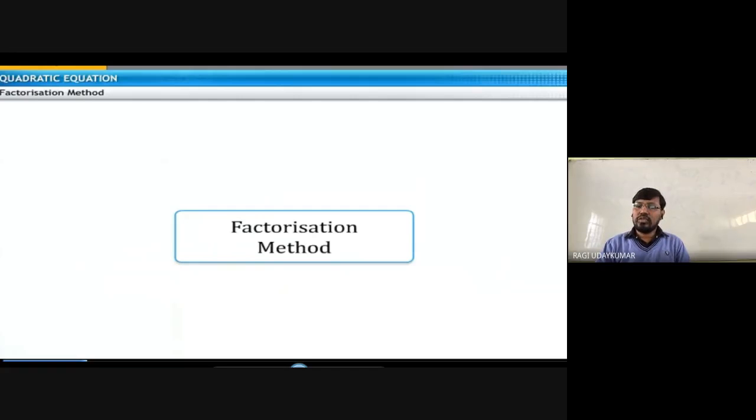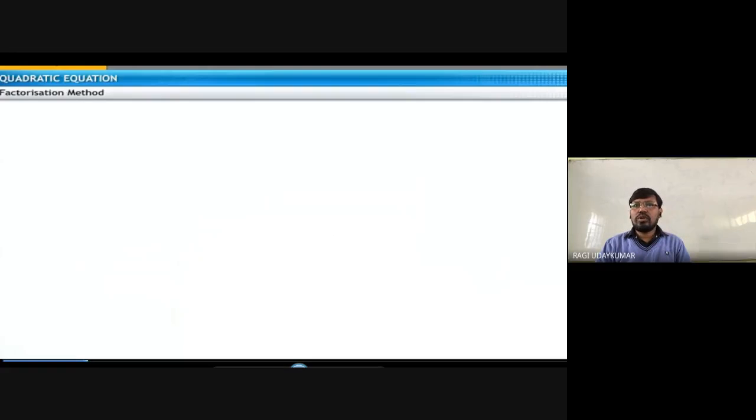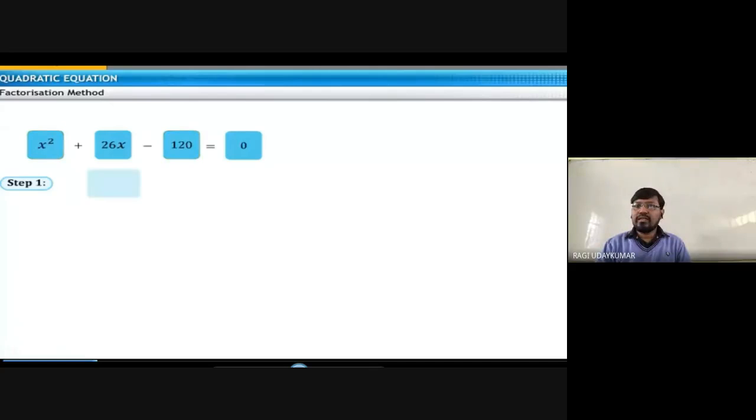Okay. So in the factorization method, what do we do? The middle term we are going to split into two factors. We split the middle term and express the given equation. There is an x, so minus 120 should be factorized into two. First, what do we do? The coefficient of x square and the constant are to be multiplied.